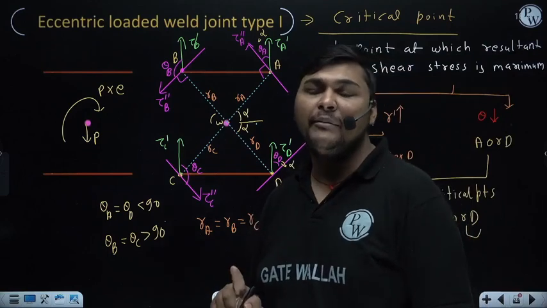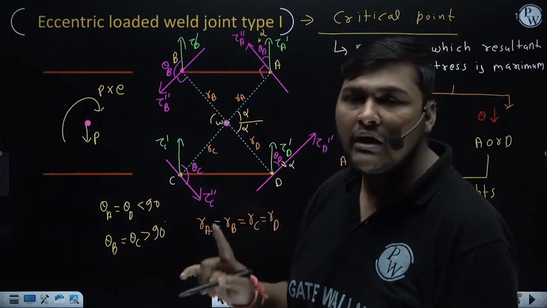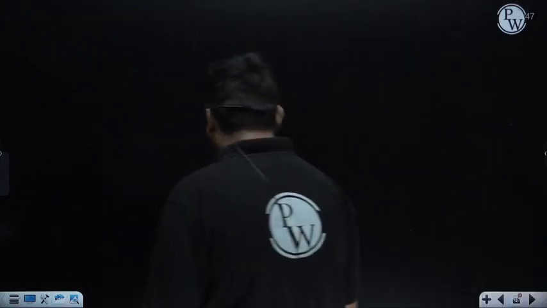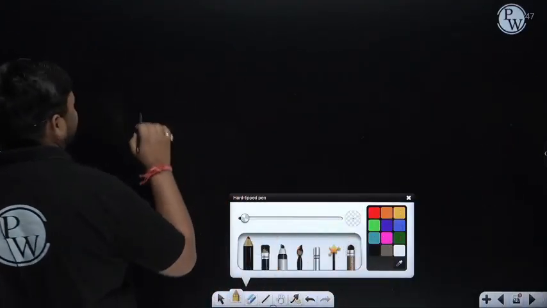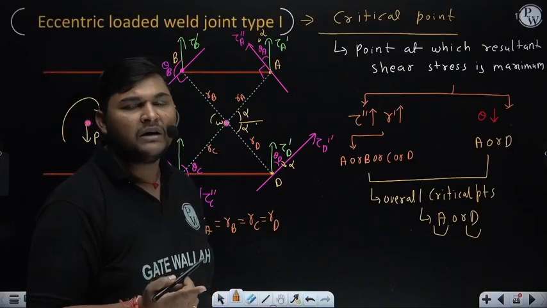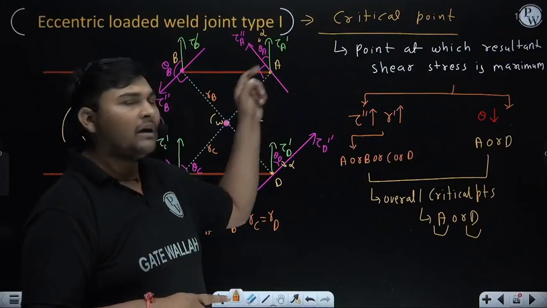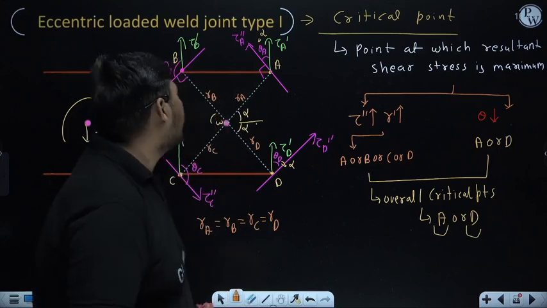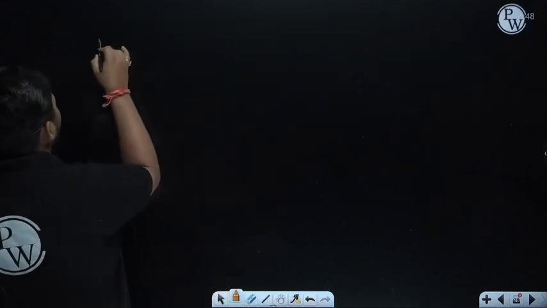So during design we calculate the resultant shear stress of the critical point. For that, find the primary shear stress at the critical point, which I have already explained. Secondary shear stress, how to calculate r, I have already explained. Then draw the direction, find the vector angle, and then find the resultant.